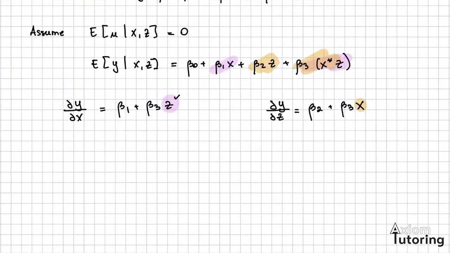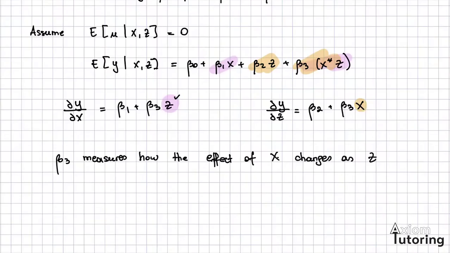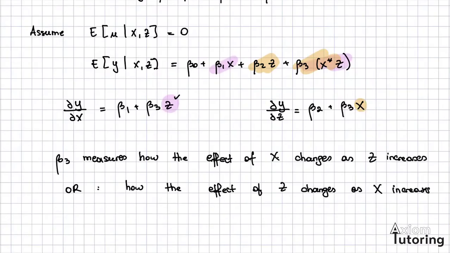Beta 3 measures how the effect of x changes as z increases, or equivalently, how the effect of z changes as x increases.